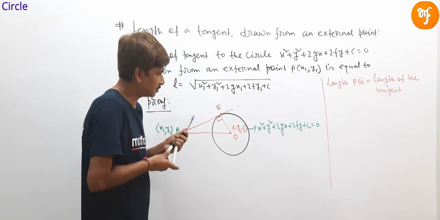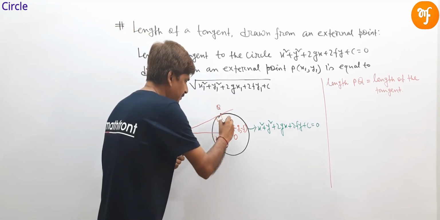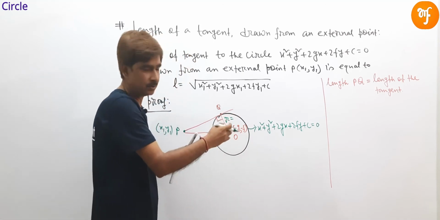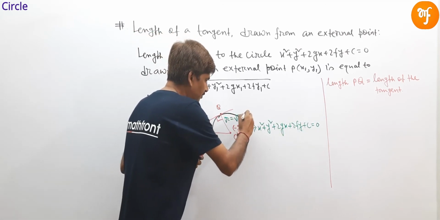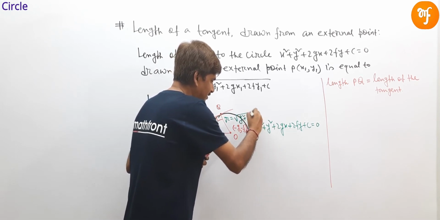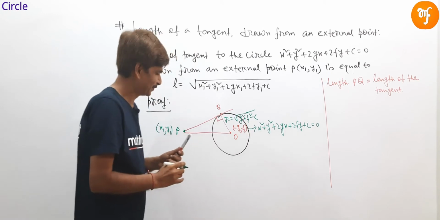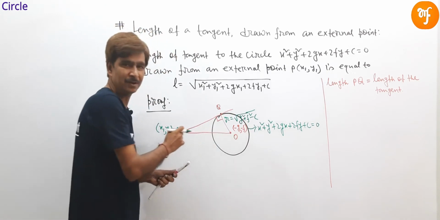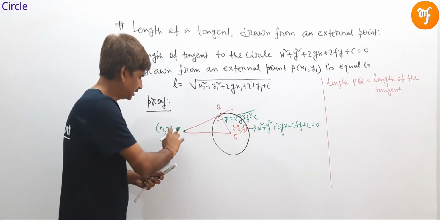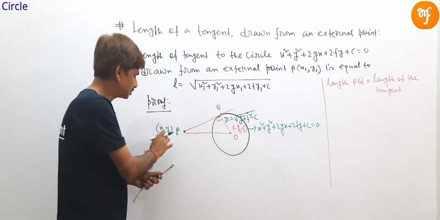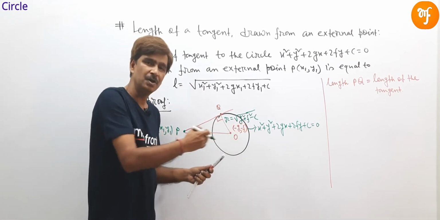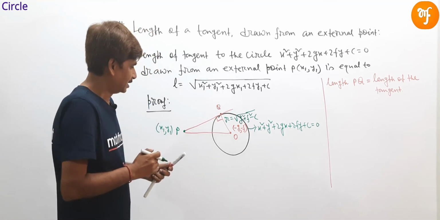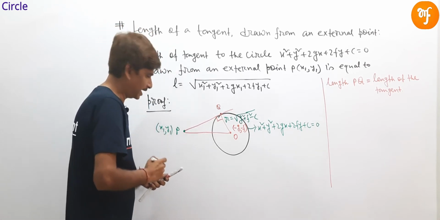So what is the radius of the circle? If it is R, we know from this equation R is nothing but the square root of g square plus f square minus c. Is it? And what is OP? OP is just the distance between P and O. That is, we can apply the distance formula between x1, y1 and minus g, minus f, and we can get OP. Now from this right angle triangle, what can we say?